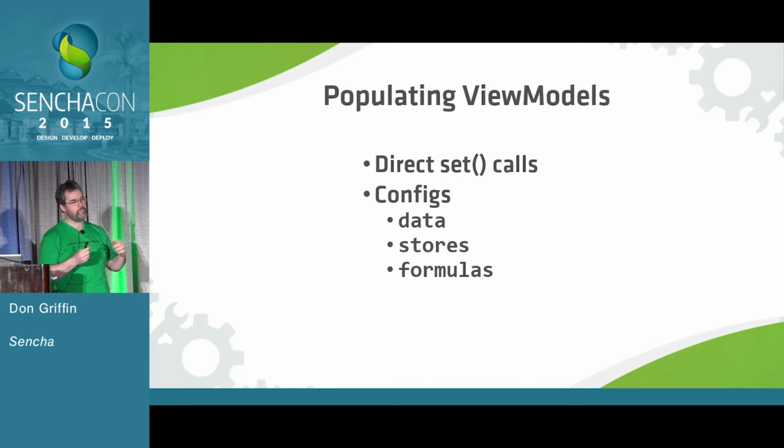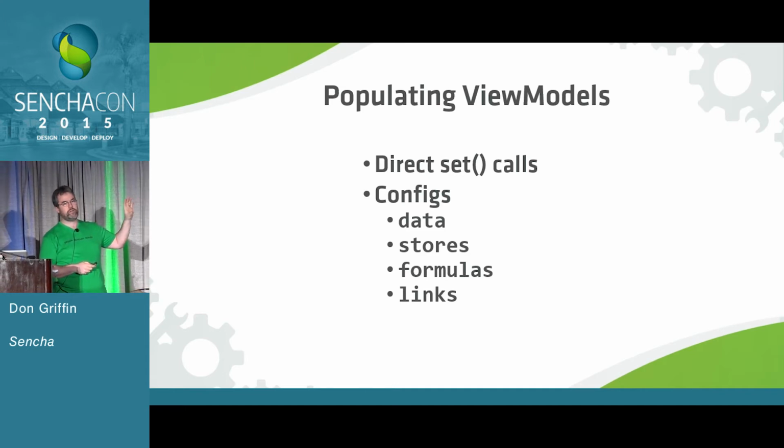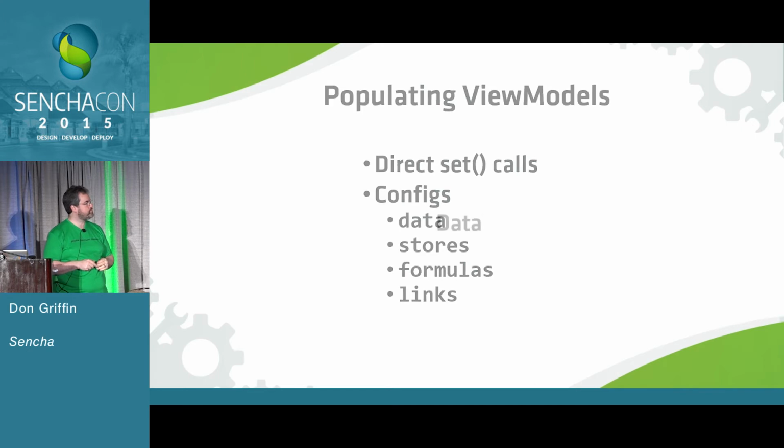Formulas do more of an object-defined property kind of behavior and put that value in the view model. And a link is more for loading individual records, and we're enhancing that slightly in 6. But those are the primary configs of a view model that you would set, say, in a derived class in order to satisfy what the needs of your view are going to be.